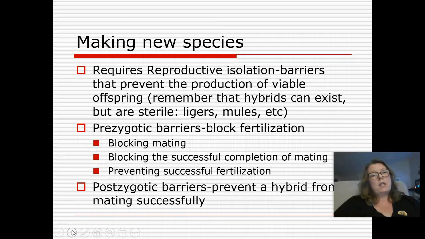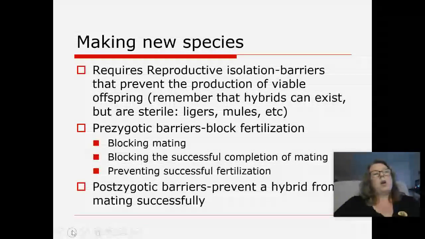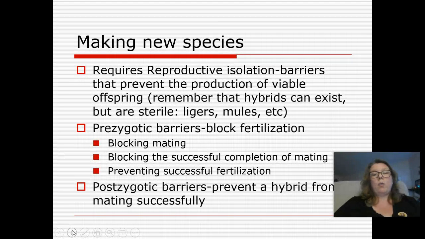So it makes sense then, if you use that particular definition, that in order to create a new species, you have to block either proximity or you have to block reproduction, right? So when we're talking about blocking reproduction, right, we're talking about reproductive isolation, right? So we're trying to isolate individuals, prevent them from breeding with one another.